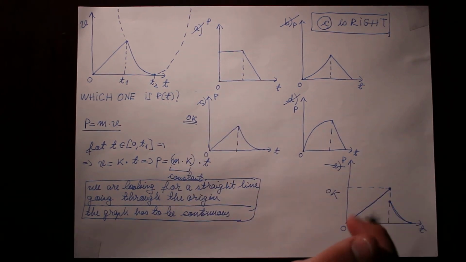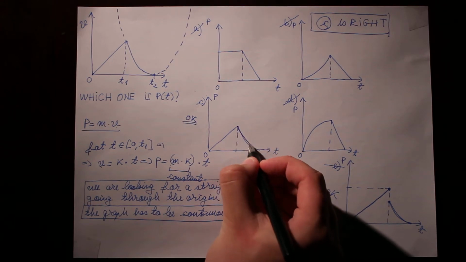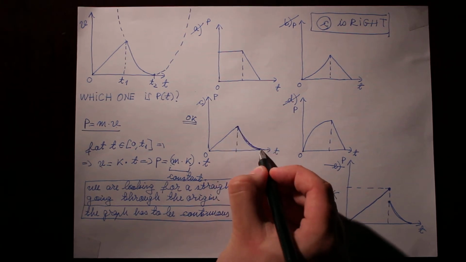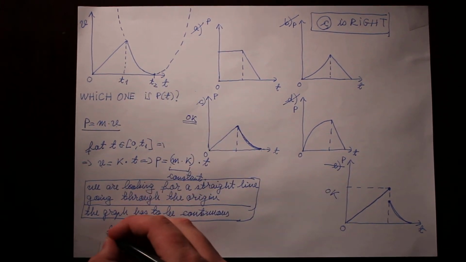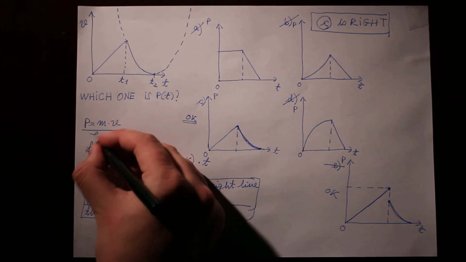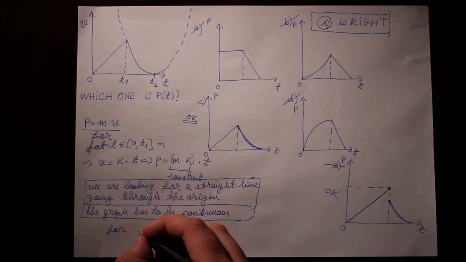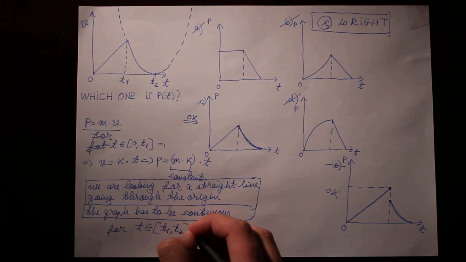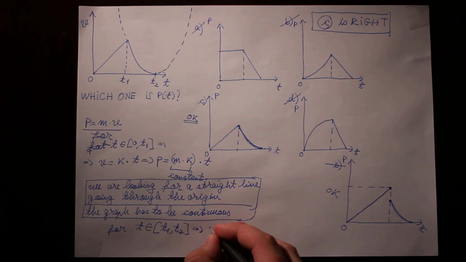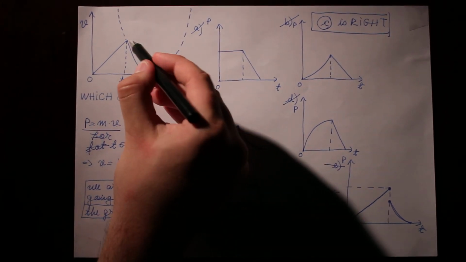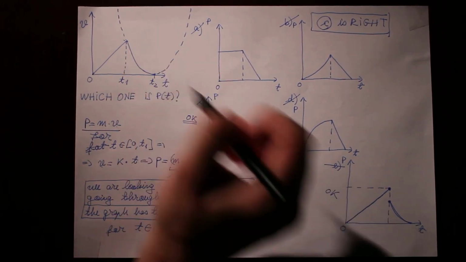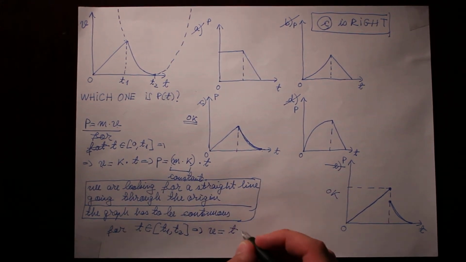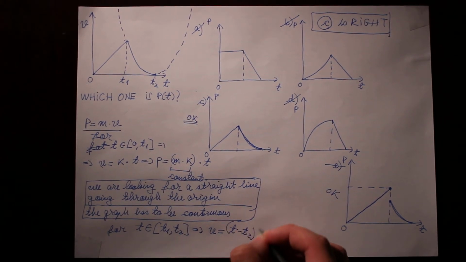Now, just so that we verify ourselves, I'm going to compute the equation for this bit of graph, from here to here. For t between t1 and t2, we have v equals, if you remember your math, t minus t sub 2 squared.